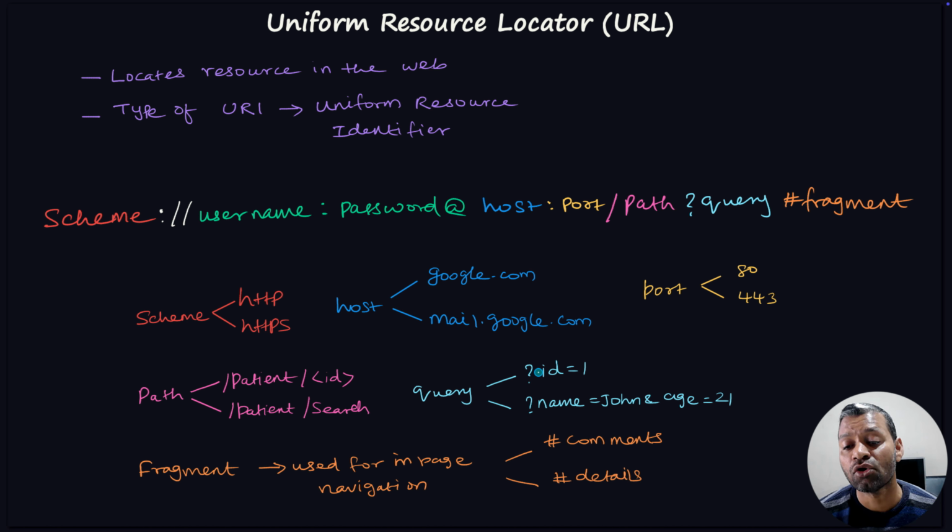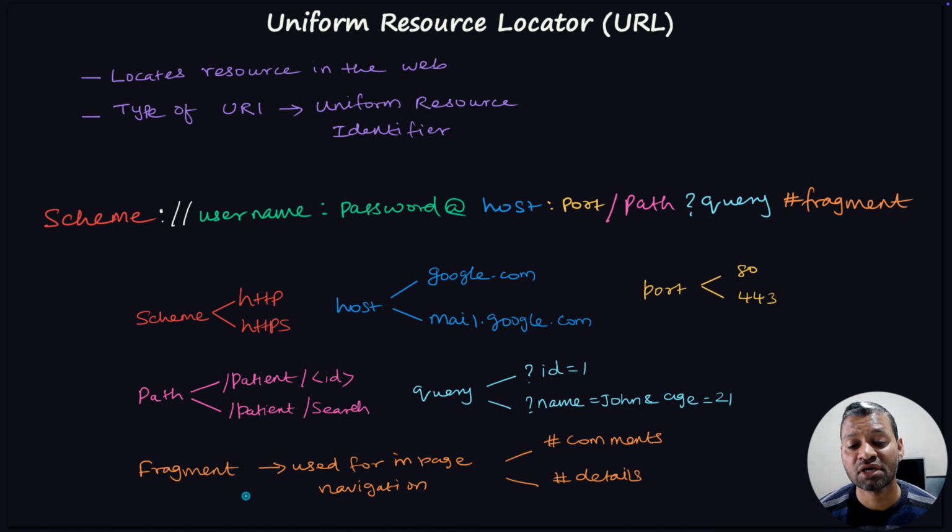And a query string always starts with a question mark, and usually takes key value pairs. Keys and values are separated by an equal sign. And if you have more than one key value pair, then they have to be separated by an ampersand symbol. So in this case, we have two key value pairs. One is name and the other one is age, and these two are separated by an ampersand symbol.